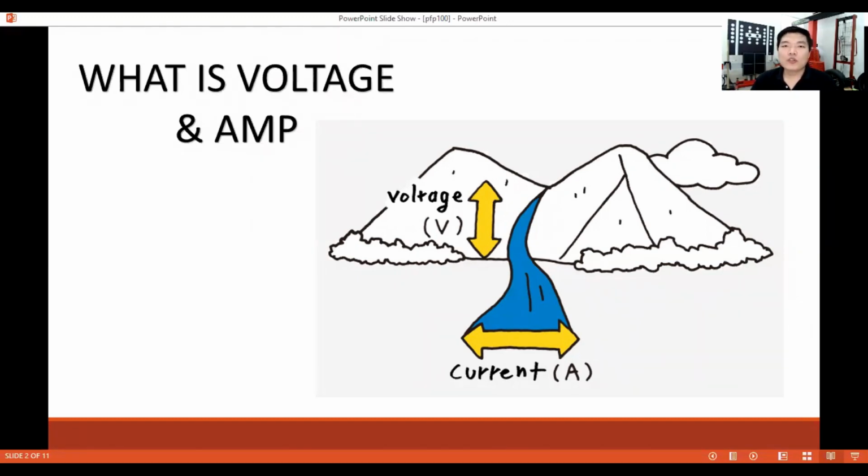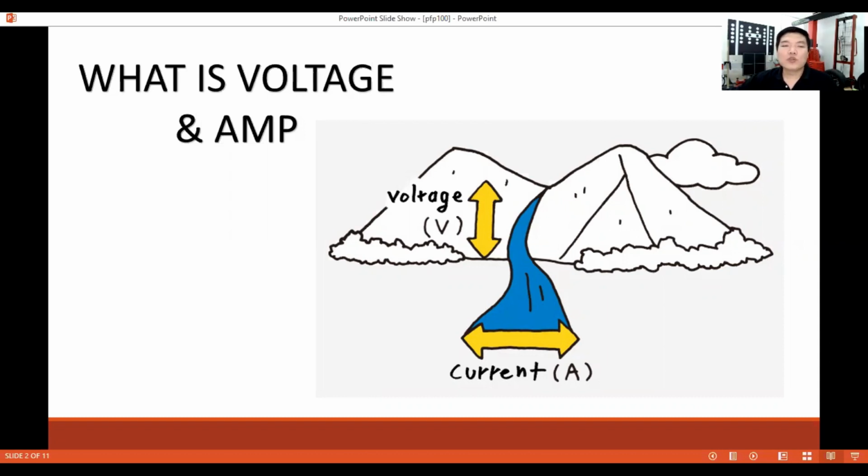When you see this kind of wave, you can see the flow is very strong, but for the small one, the flow will be low. That's why our battery cable is very thick, because it needs a high flow.